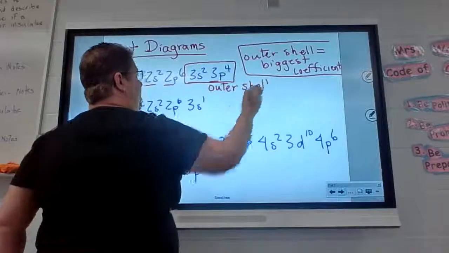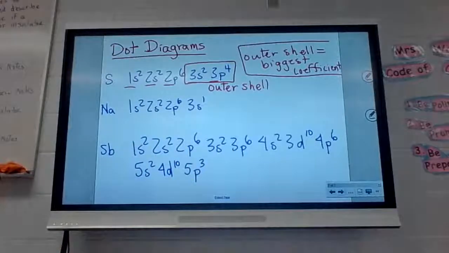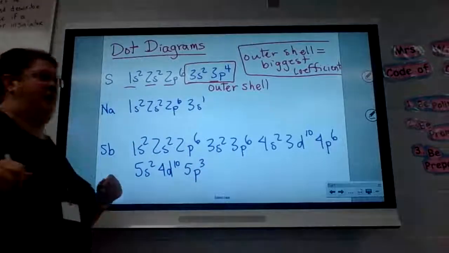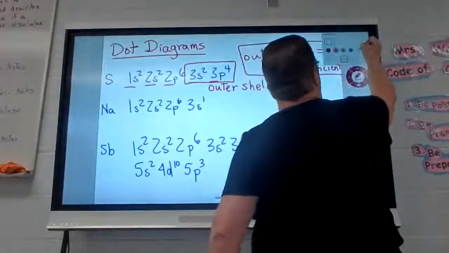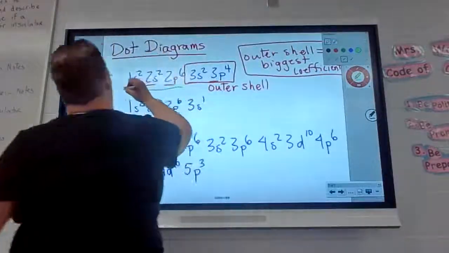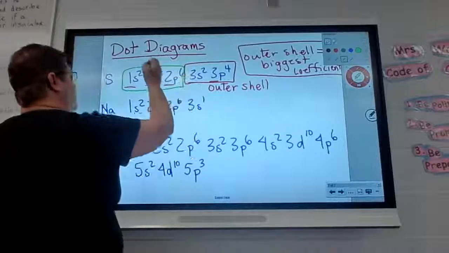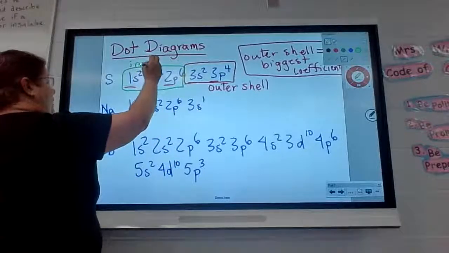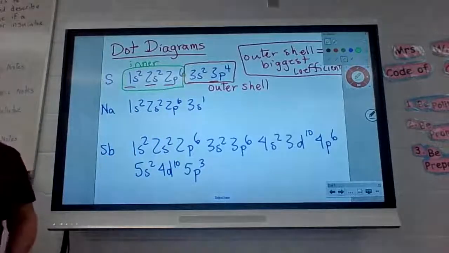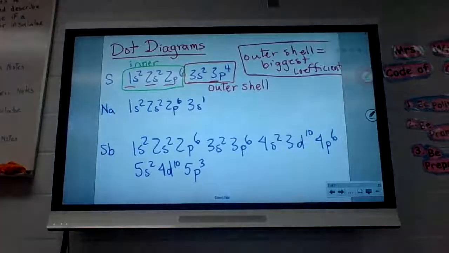Now, does anybody remember what we said the inner shell was going to be? Everything that is not the outer shell. So all of this right here is the what? That's the inner. Okay? So when we look at sodium, what's the outer shell? 3S.